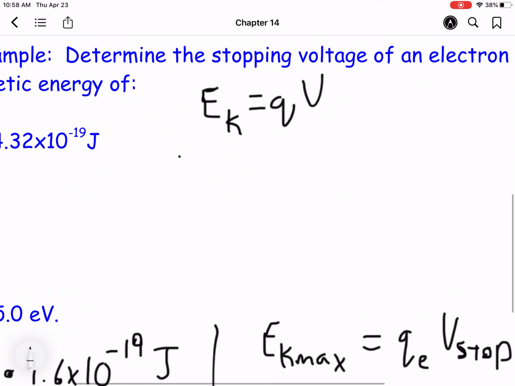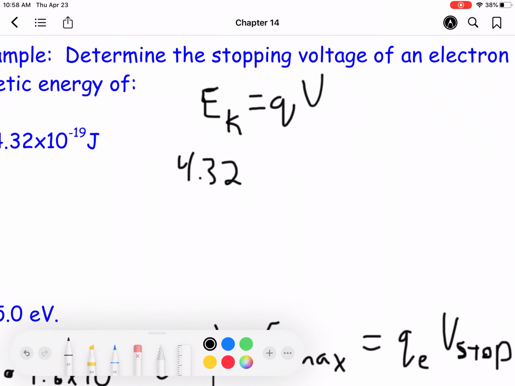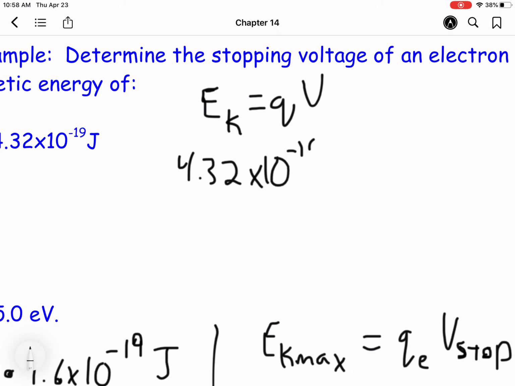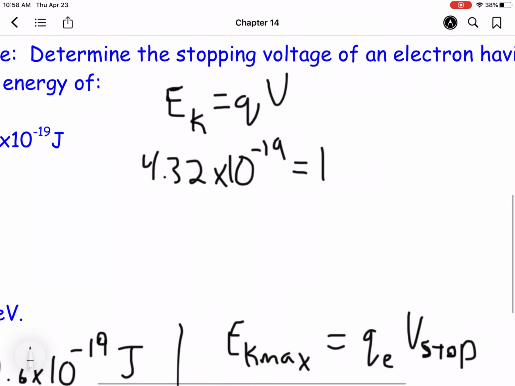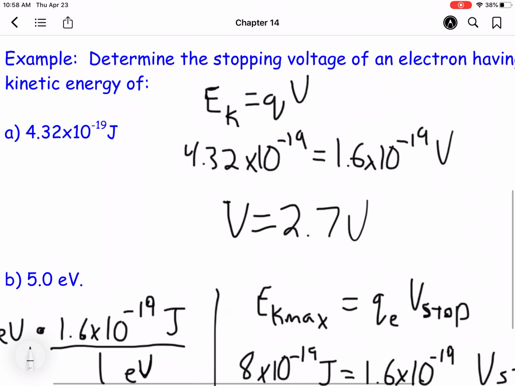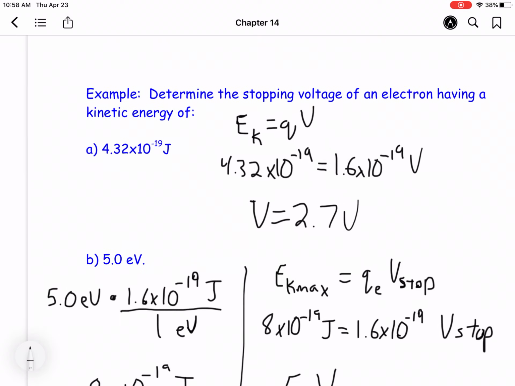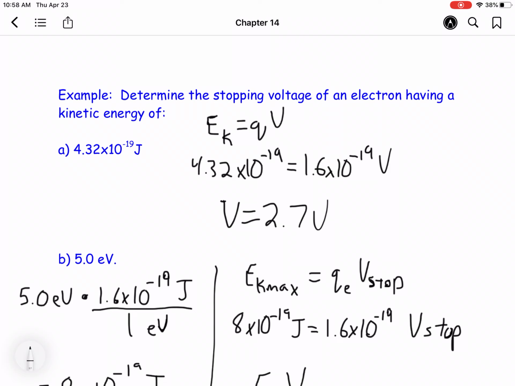Put in the EK, 3.2 times 10 to the negative 19 equals 1.6 times 10 to the negative 19 times V. You're going to divide those and you get that the V value is 2.7 volts. So it would take 2.7 volts to stop this electron, right?